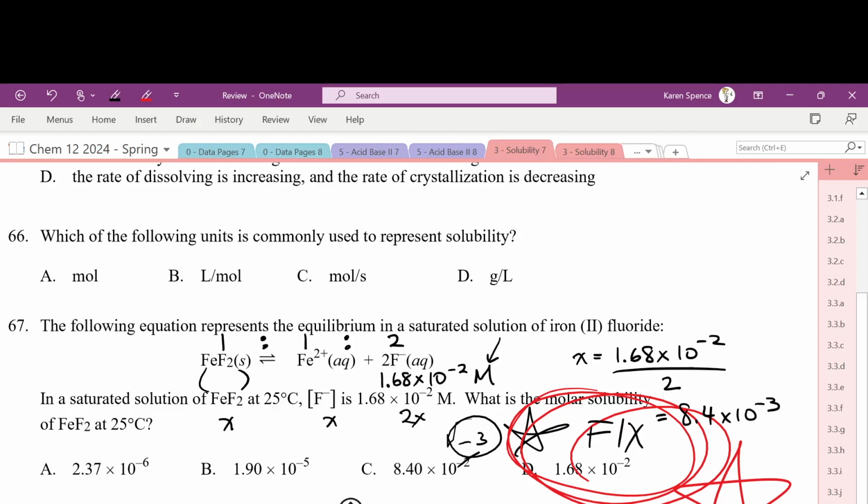KSP doesn't change and you want to change the temperature.